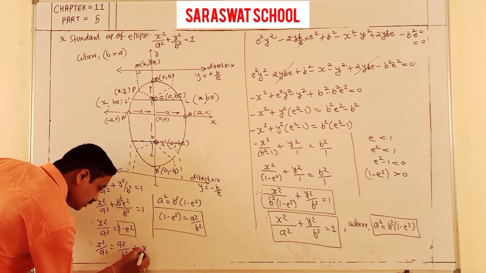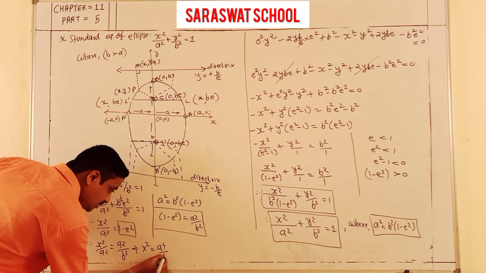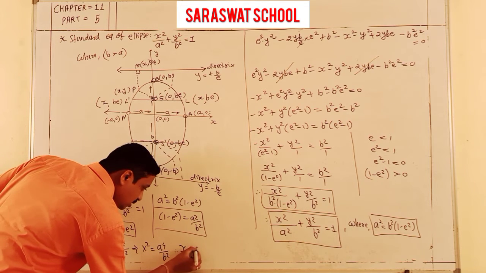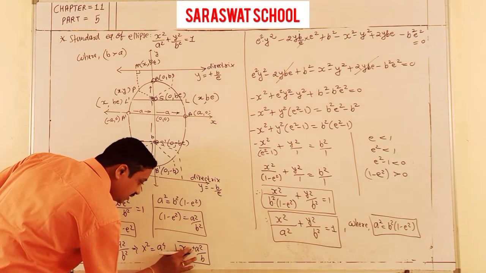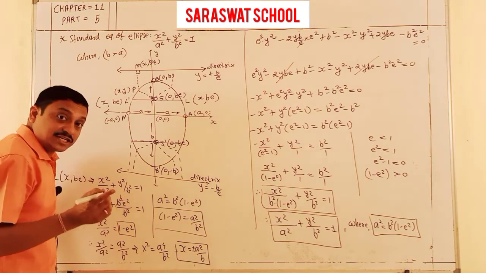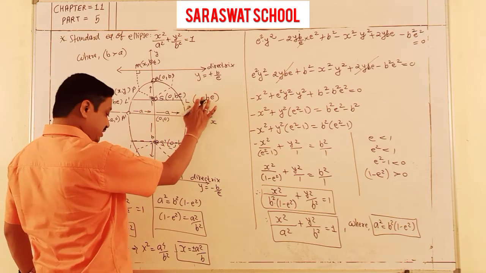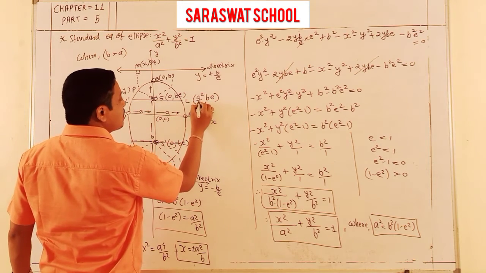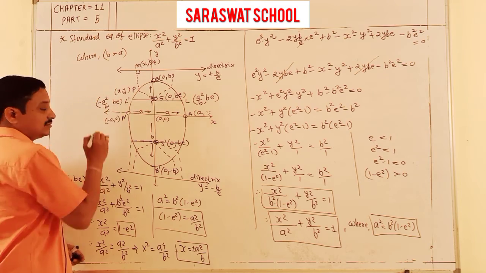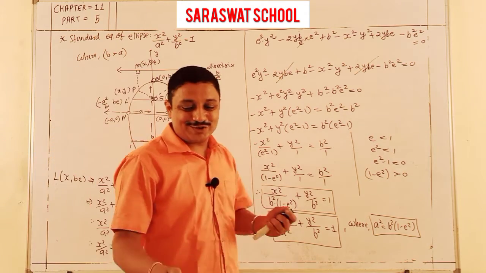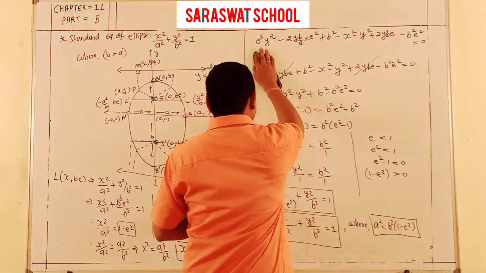It means x square is a raised to 4 by b square. So x is what? a square by b, but plus or minus. That's why here this x coordinate you write down a square by b, and here write down minus a square by b.